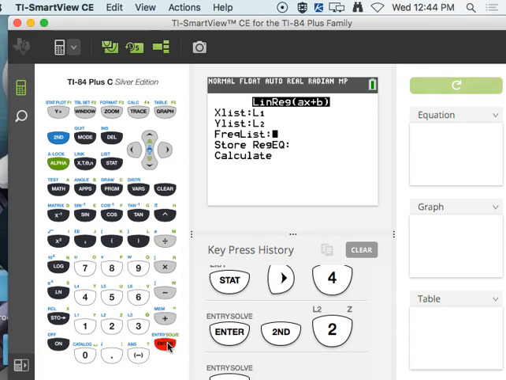Now this frequency list, we don't care about that one, but here's what we want it to do. We want the calculator to store this for us so we don't have to write it down. So I think, well, how can I get it to store it? Well, I want to see it graphed. And whenever we want to graph something, we have to graph y equals. So what I need is a variable right there that says y sub 1.